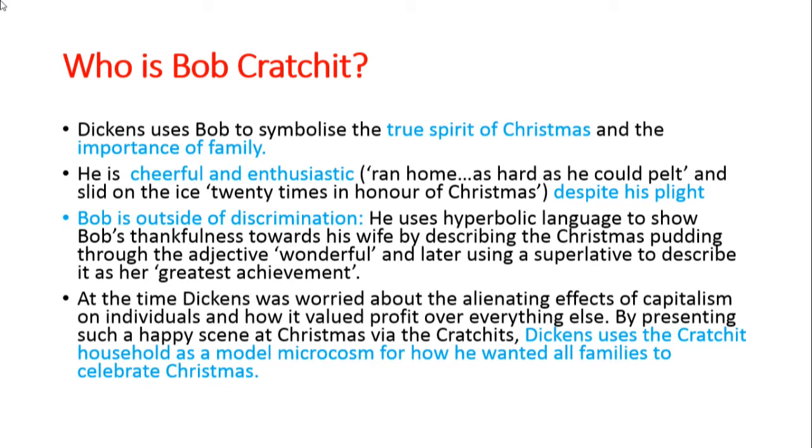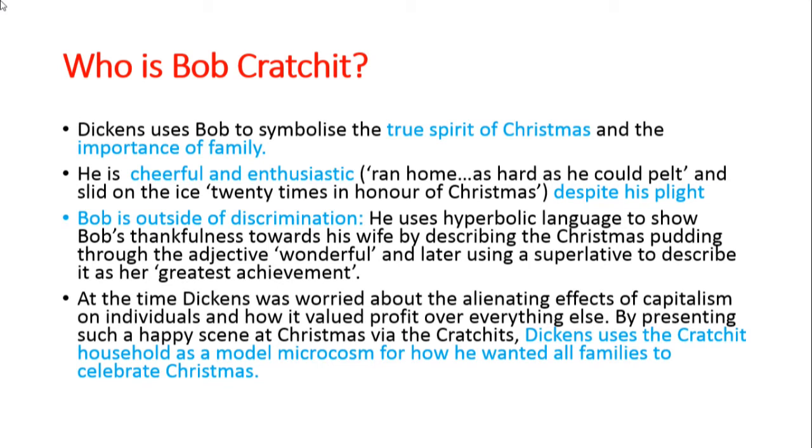Now, this scene with the Cratchits, who do not benefit from the capitalistic system, is such a happy scene. This scene shows us that the Cratchit household is a model microcosm for how Dickens wanted families to celebrate Christmas.